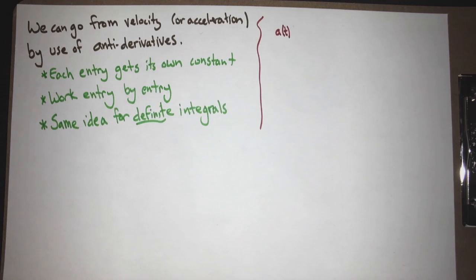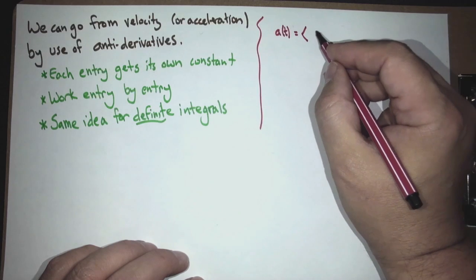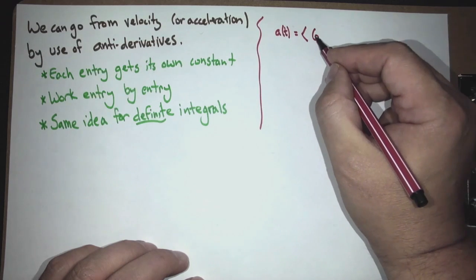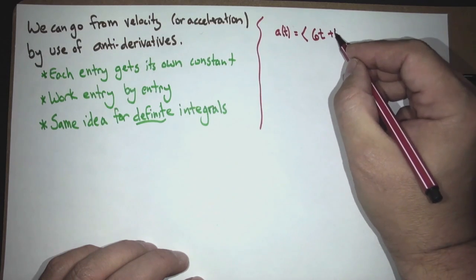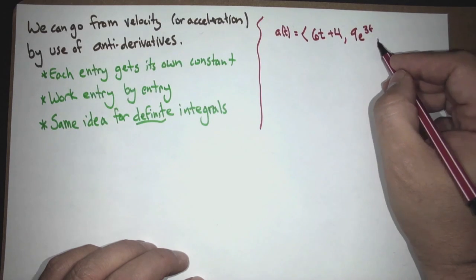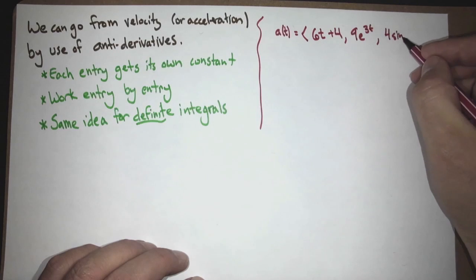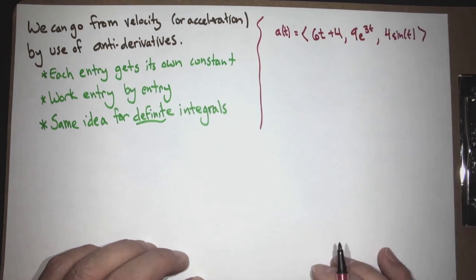When you say, here's acceleration, find position, you get to write down what you want, because it turns out it's harder to integrate than to differentiate. I don't know if you've ever noticed that, but I have. So let's suppose the acceleration is 6t plus 4, 9e to the 3t, and 4 sine t.